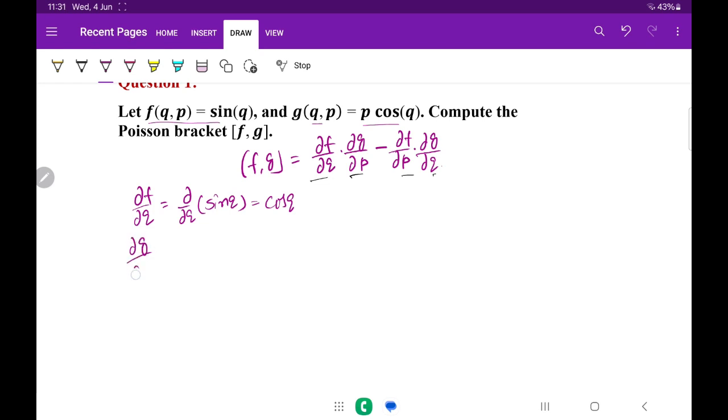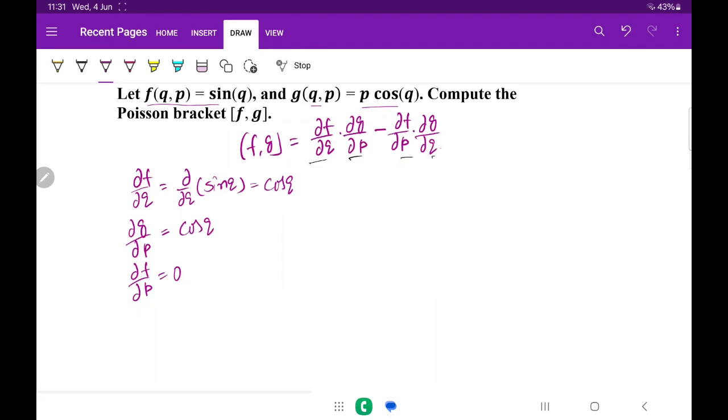Then ∂g/∂p will yield cos q, ∂f/∂p is equal to 0, and ∂g/∂q is equal to minus p sin q.